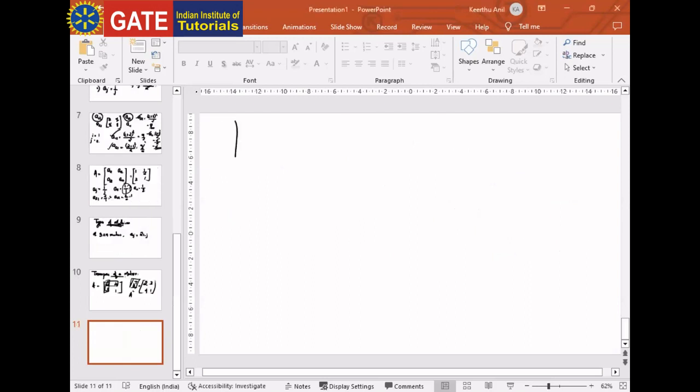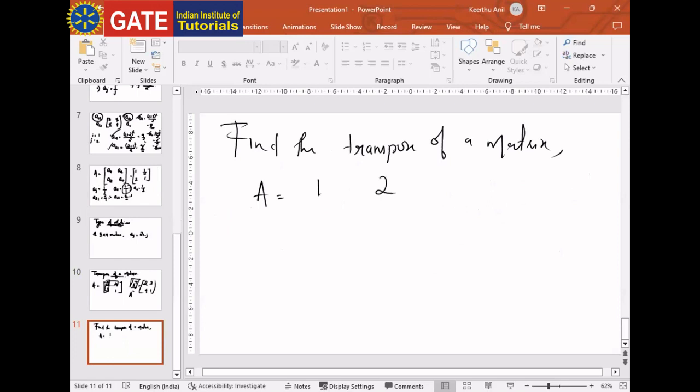Oh, so you can write the question. Find the transpose of a matrix. Matrix A equals 1, 2, 1, 5.